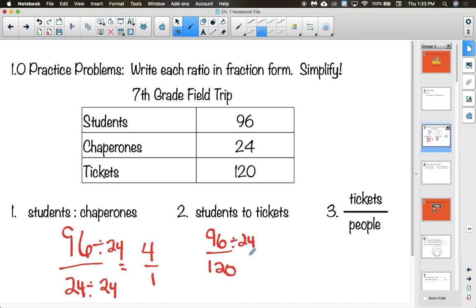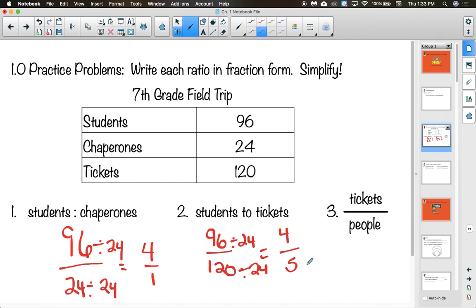And it's okay if you didn't see the 24 right away. You could start by dividing by 2 and then dividing by 2 again, maybe divide by 3. Keep going until you get it simplified. But I already solved this problem, so I knew what to expect. 96 divided by 24 is 4, and 120 divided by 24 is 5. So my simplified ratio here of students to tickets is 4 to 5.